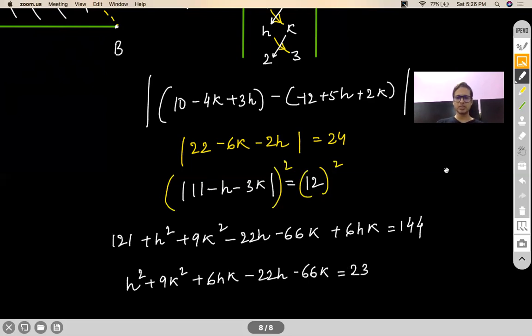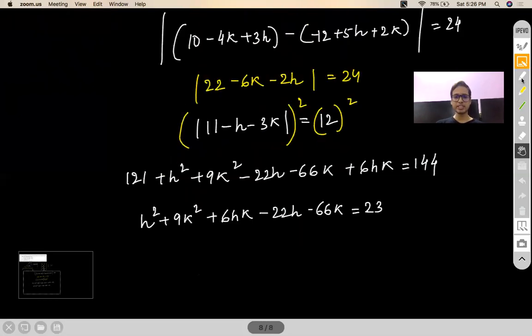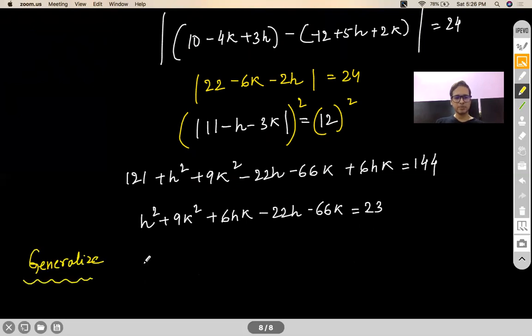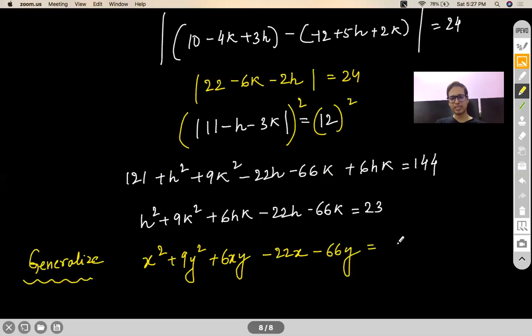Okay, so now I have struck a relationship between h and k. The only step left is to generalize. So it will become x square plus 9y square plus 6xy minus 22x minus 66y equal to 23. Okay, is this there in the options?